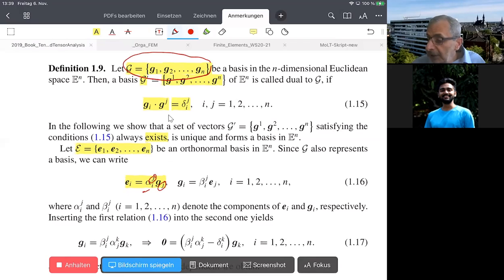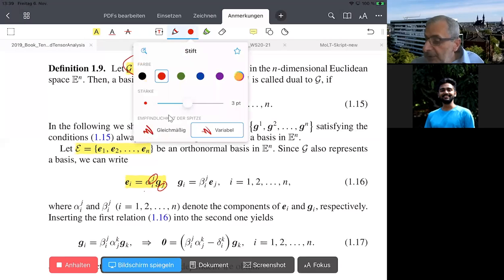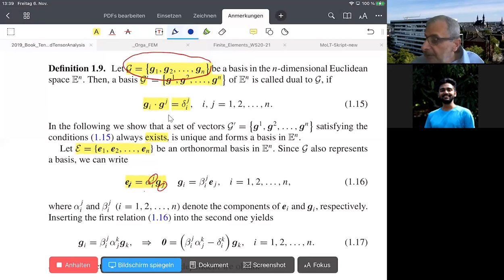Look more carefully: this is index j, repeating once as a superscript, once as a subscript. It is a summation index, or dummy index. And the other index means that we speak about this index i.